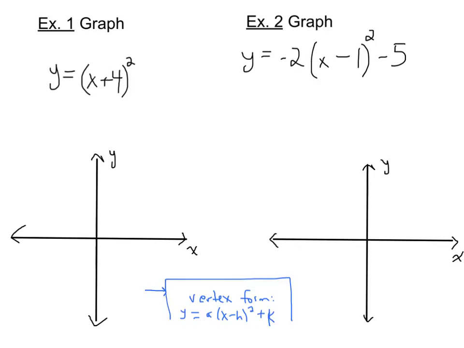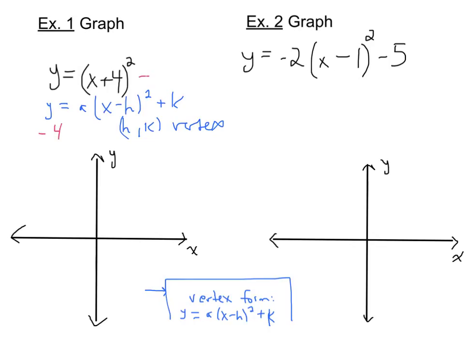In example 1, we're going to graph y equals (x plus 4) squared. And now looking at our general form, you need to recognize that the h comma k still stands for the vertex. Whether it's a parabola or absolute value function, that h comma k is indeed the vertex. And in this case, the number next to the x, you're going to switch that sign, and that'll be negative 4 here.